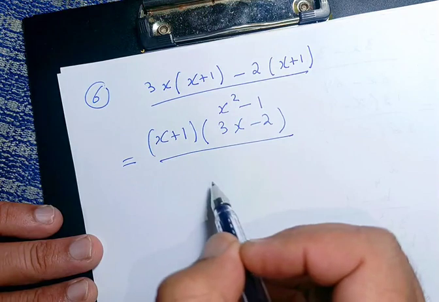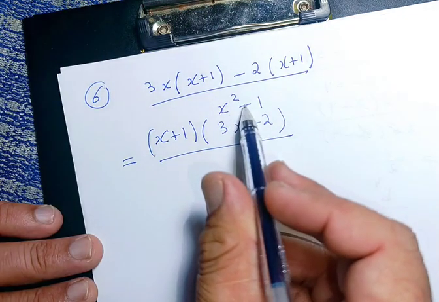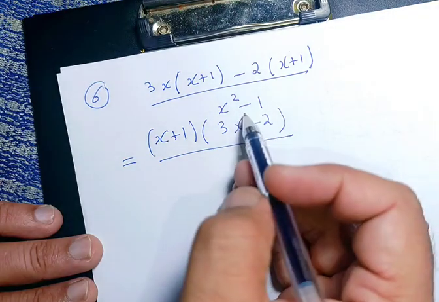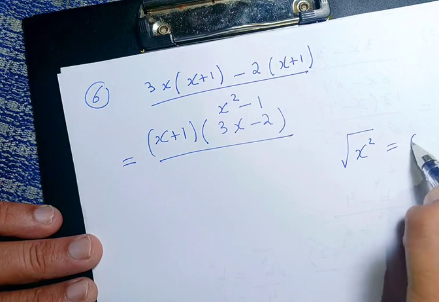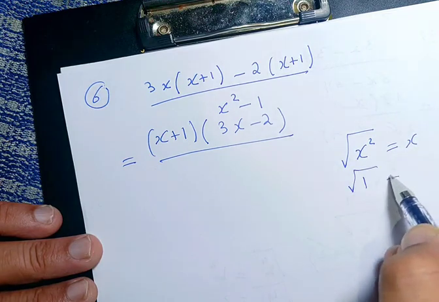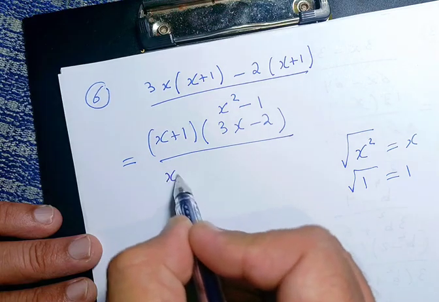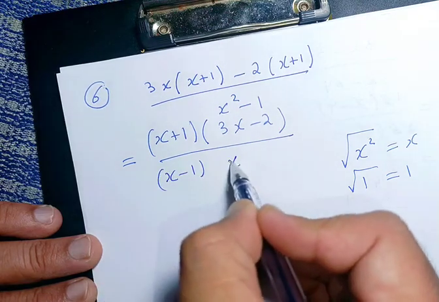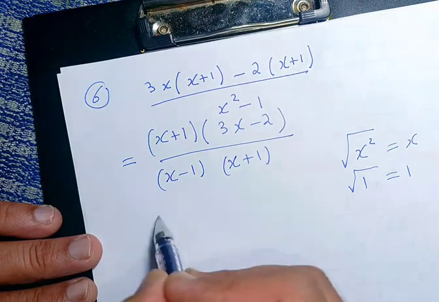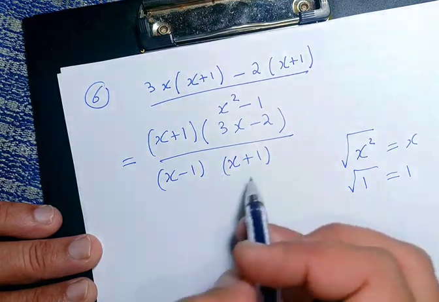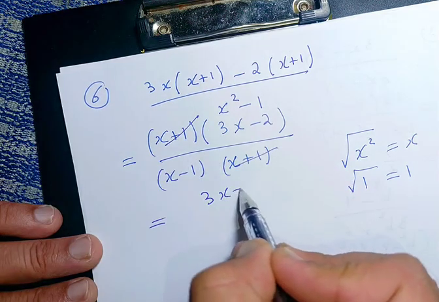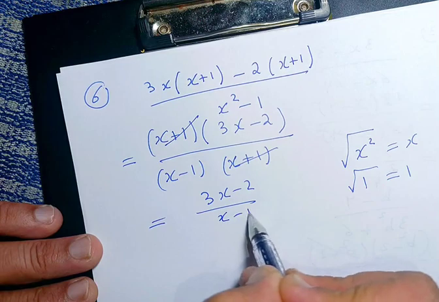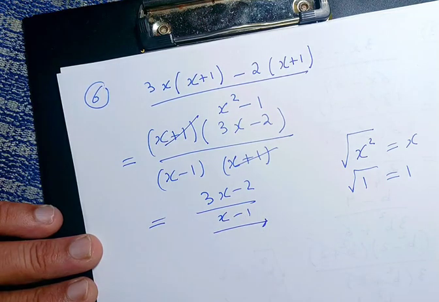Over, this bottom is difference of squares. The x square, you take the root, the answer is x. Root of 1 is always equal to 1. So this is going to be x negative 1 and x plus 1. Now cancel. Top left is 3x negative 2, at the bottom is x negative 1. This is my final answer.